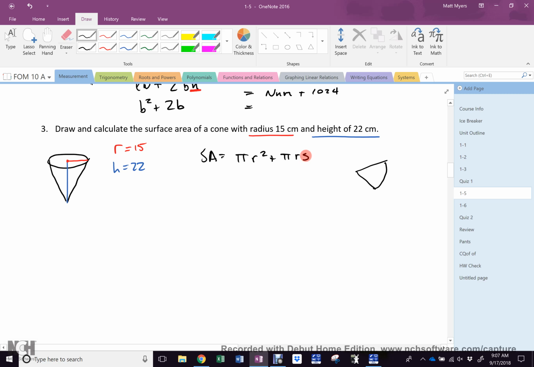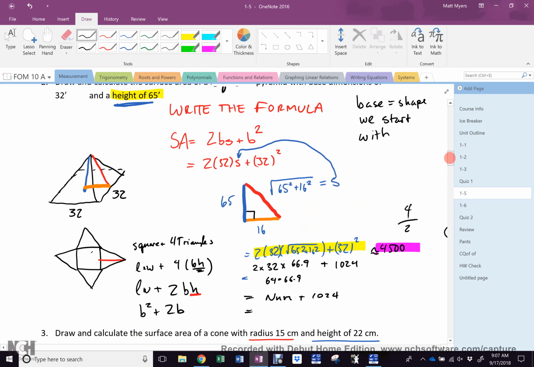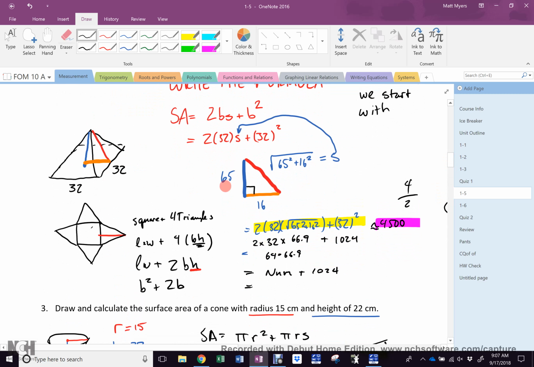Now you guys are smart people. In the previous question, what did we have to do to find s? What did we have to do to find s? Pythagoras. If you do it once in math, what does that mean? You do it every time.